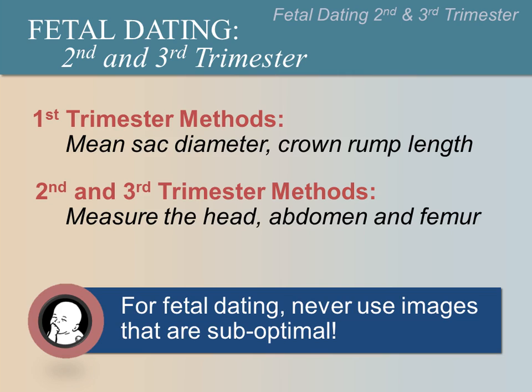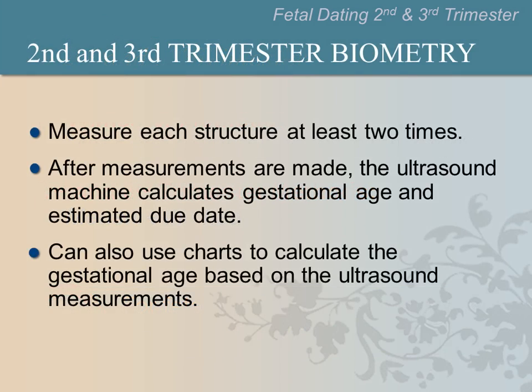Remember that we never want to use images that aren't the best possible. Sometimes images aren't optimal because there is decreased amniotic fluid or the fetal position is not ideal for the measurement. To be most accurate, it is best to measure each structure at least 2 times.